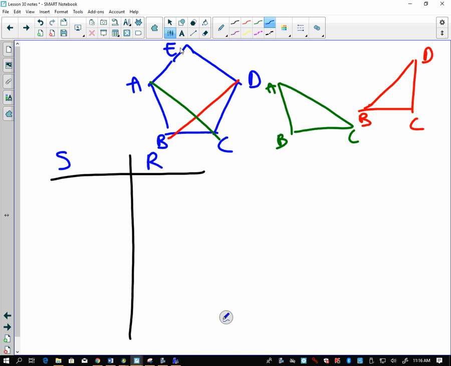So we want to start off with our givens. So we know the angle ABC is congruent to angle DCB, given, right? So angle ABC is right here, and angle DCB is right there, right?